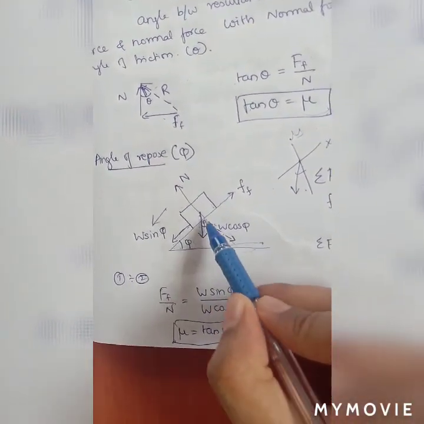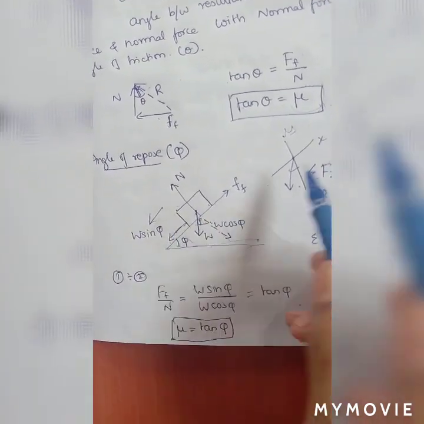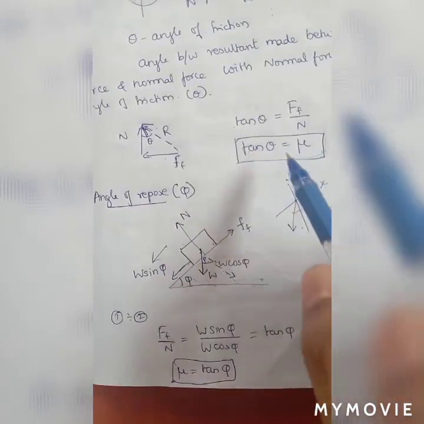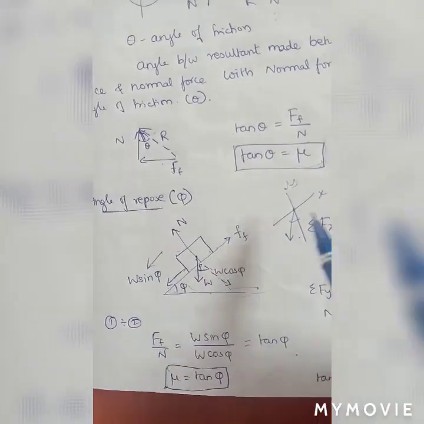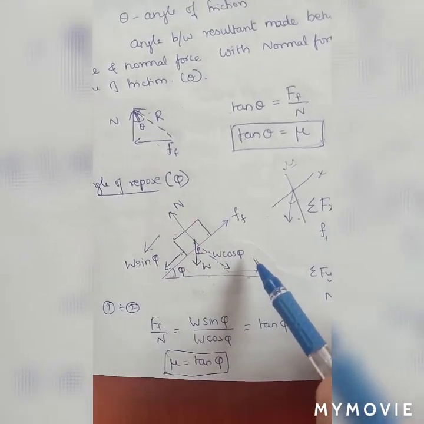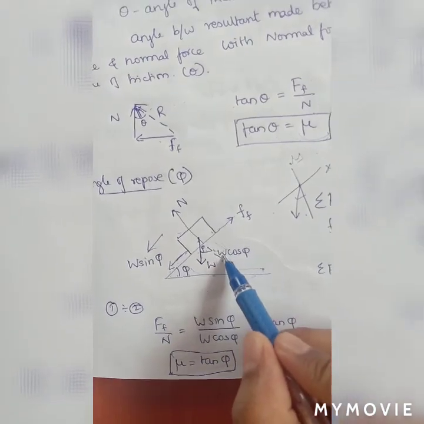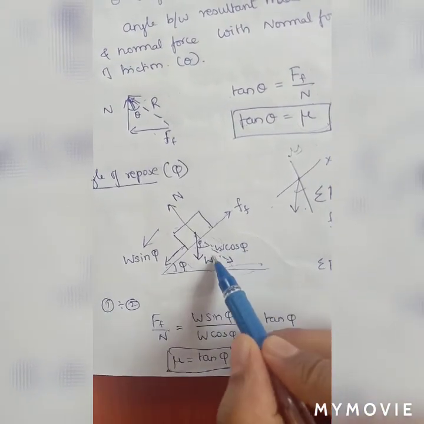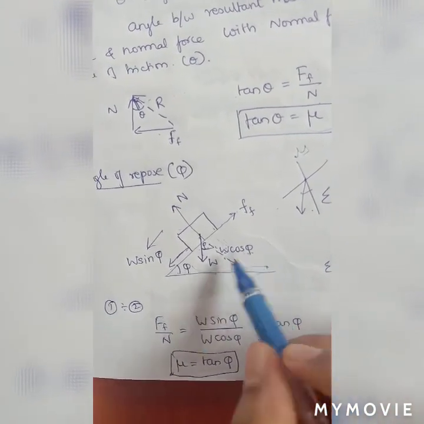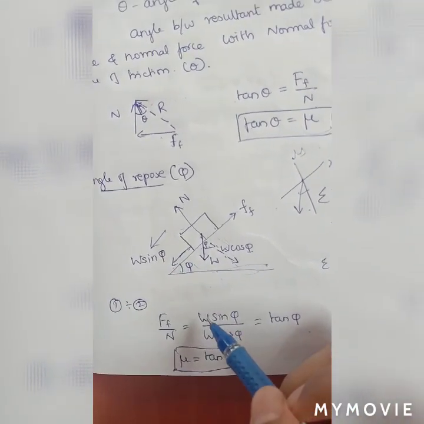If it is an inclined force, we divide it into two components, one along the surface and one perpendicular to it. The perpendicular component will be W cos phi, and the component along the surface will be W sin phi.